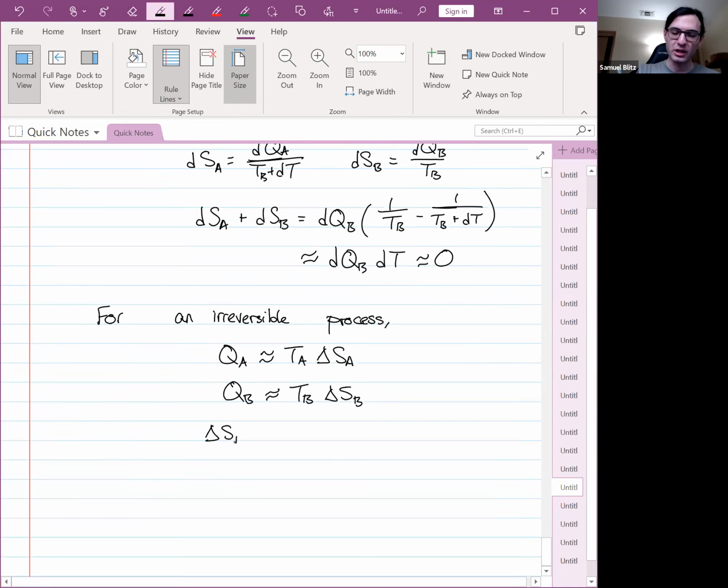So delta SB would be roughly equal to QB over TB, and delta SA would be roughly equal to QA over TA, TB and TA, I'm sorry.